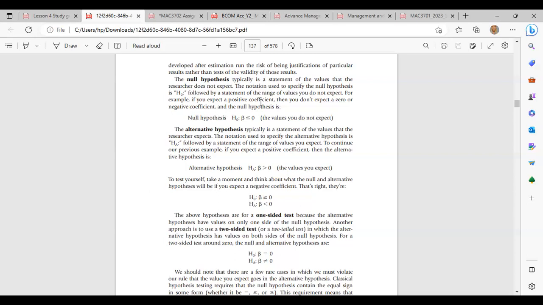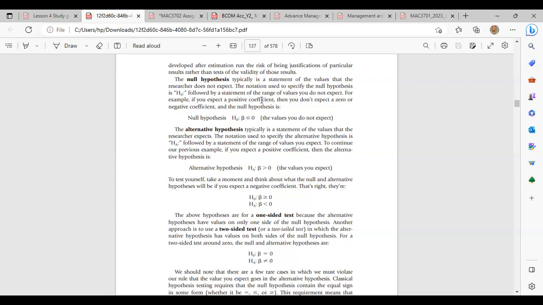So for example, if you expect a positive coefficient, to bring this to context, when we talk of a positive coefficient, we're talking of a positive relationship between these two variables. An example would be when you are examining the relationship between the quantity supplied and the price, right? You would expect a positive coefficient.